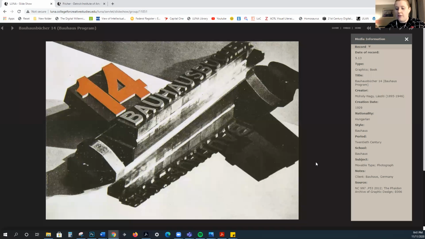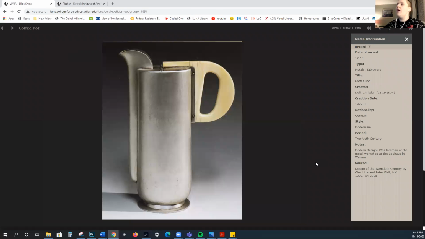But the Bauhaus is very different from this. So look at the difference here. This is from 1929 to 30. It's a coffee pot by Christian Dell. And this is a picture, right? Look at how austere the lines are, how simple, how sleek. And this is something that would be affordable for the masses.